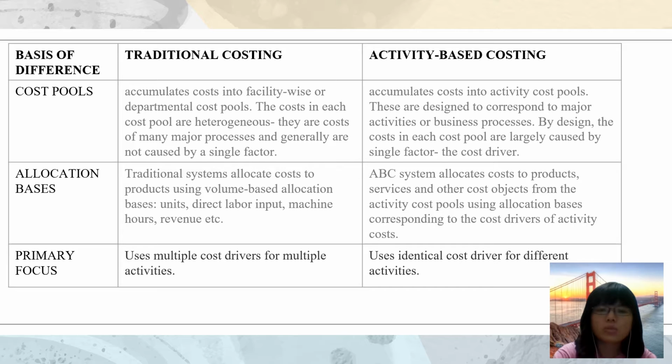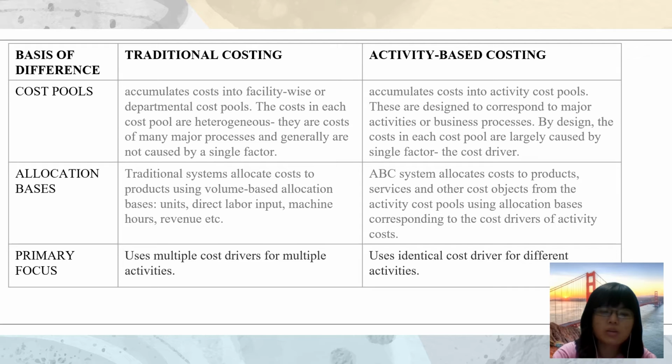Traditional costing will use a single cost driver for multiple activities, while activity-based costing will use different cost drivers for different activities. The primary focus of traditional costing is the apportionment of overhead costs to the activities of production. Irrespective of the specific allocation of resources, traditional costing sets a single metric for every activity that is involved in the production and allocates costs based on the consumption of that metric.